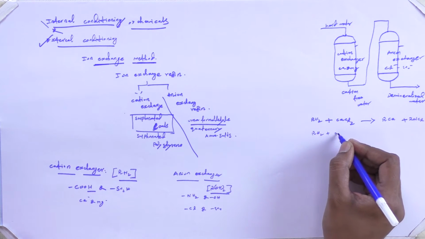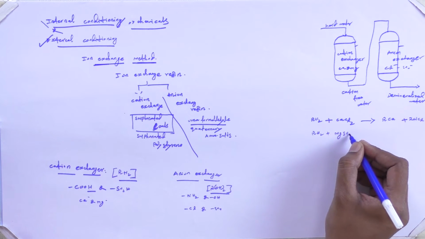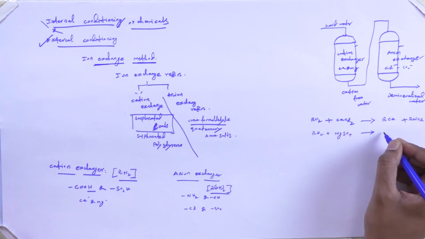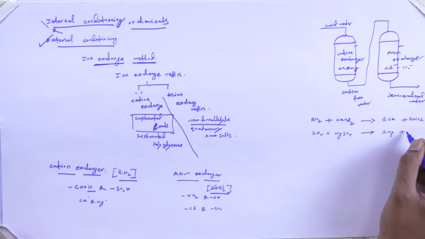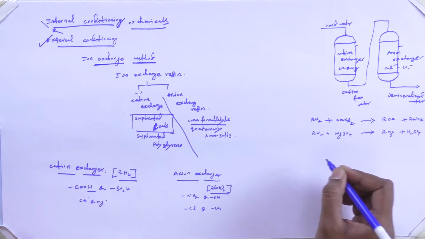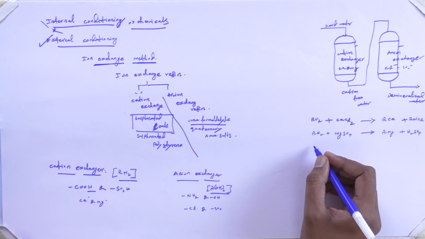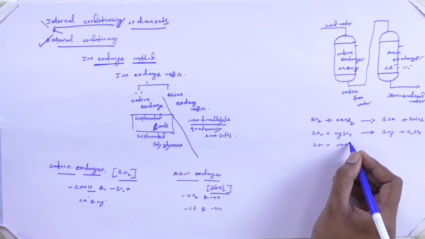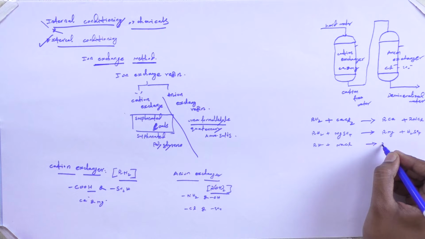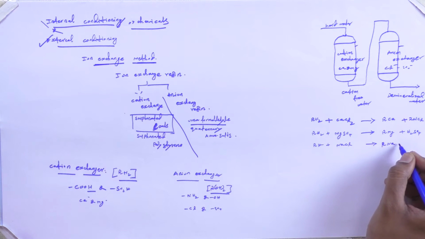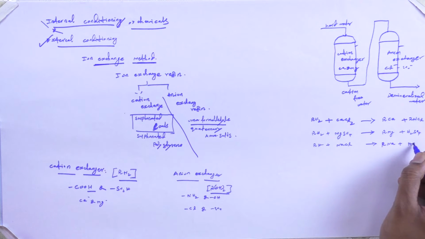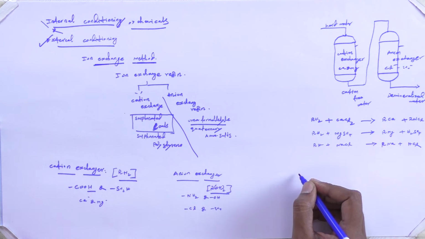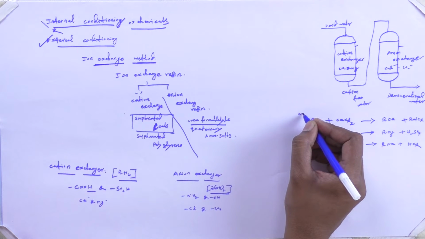Similarly, RH2 reacts with magnesium sulfate present in our water and is converted to RMg plus H2SO4, and with sodium chloride to give RNa plus HCl. This is for the cation exchanger.